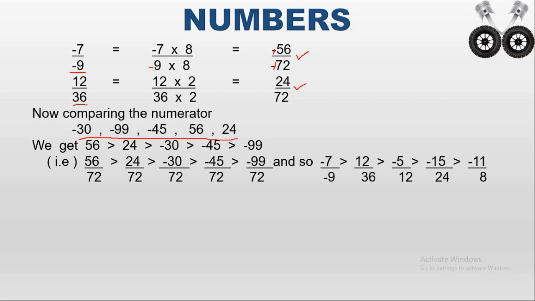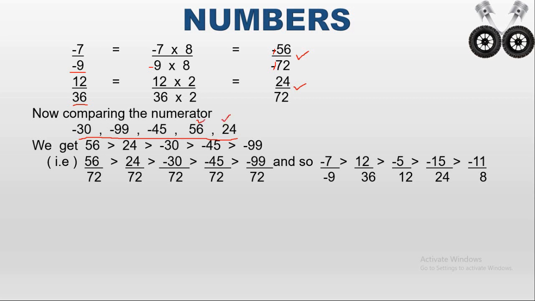Positive numbers are always greater than negative numbers. That is the first rule. The second rule: whenever we compare two negative numbers, the negative number with the smaller value is the greater one, and the negative number with the greatest value is the smallest one. Now we have to compare. First we write the positive values, 56 and 24.